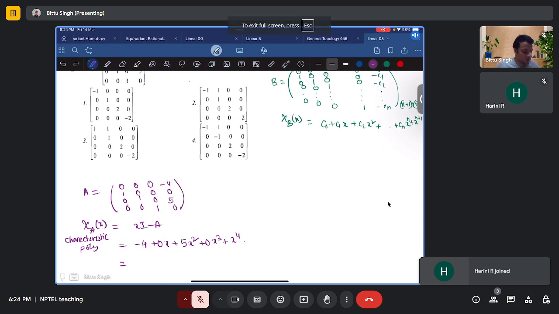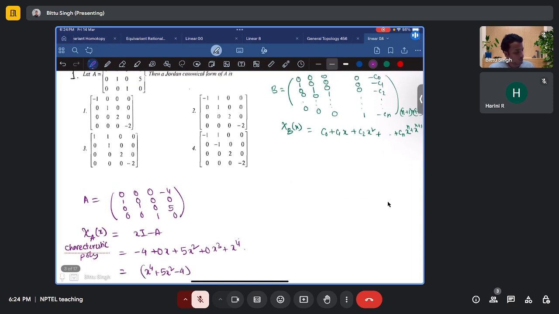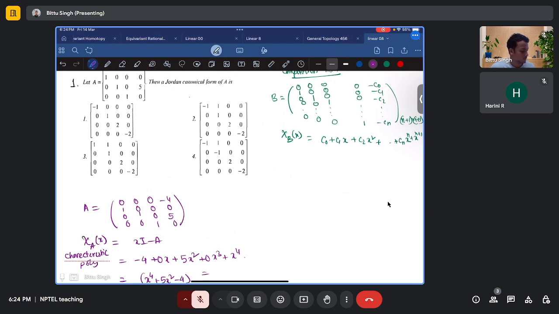It will take this form: x to the power 4 plus 5x squared minus 4. And now if we factorize this, plus 4 plus 5, this can be written as plus 4 minus 1. So x squared plus 4 into x squared minus 1.